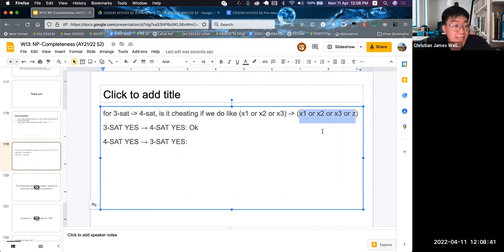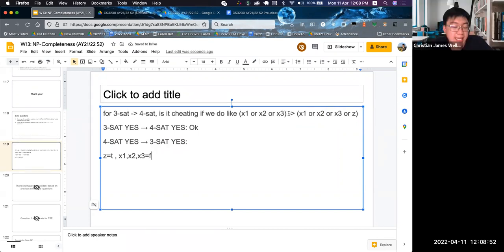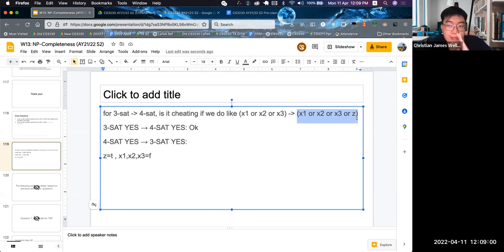A possibility is that z is true, but x1, x2, x3 are false. This is a possibility, because all I know is that the clause can be satisfied because at least one of these things becomes true. It's sufficient that z, the new variable, is true, but everything else is false.